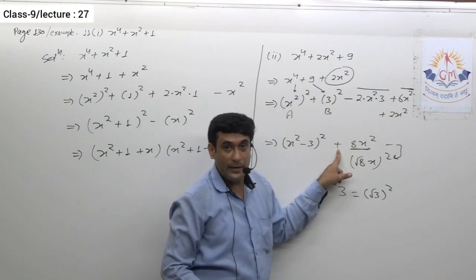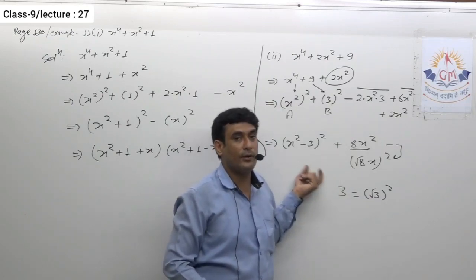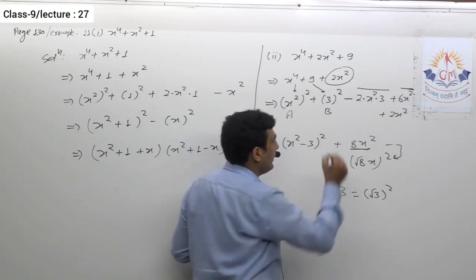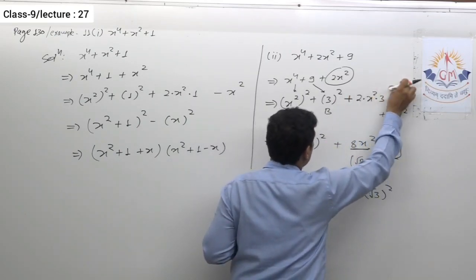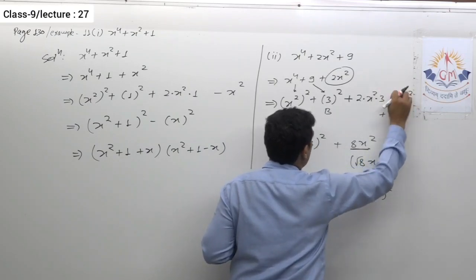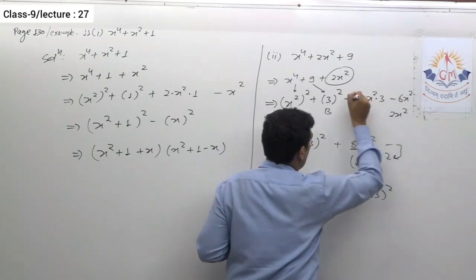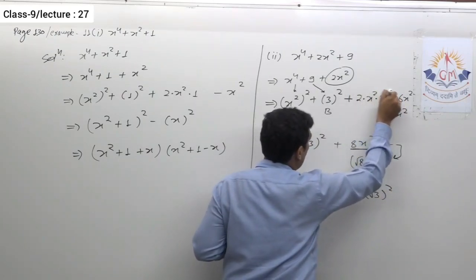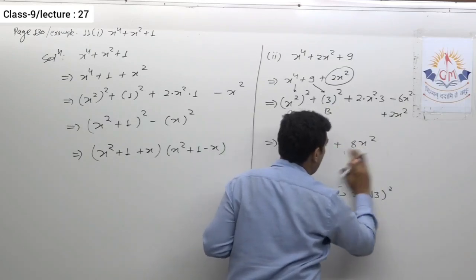But this plus sign won't allow you to factorize it further, because you won't get the identity of a square minus b square. So over here you have to think about both the signs. So it was my luck that I took the plus sign and it turned out correct. Okay, so here it was, actually it should be plus 2ab, so minus, and here it is plus. Ultimately you get this.